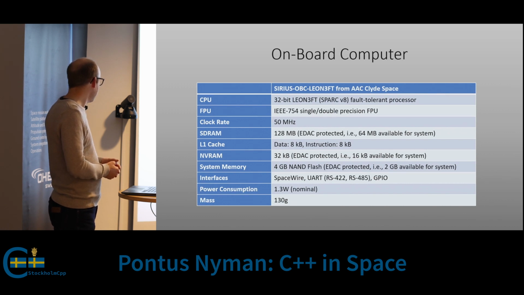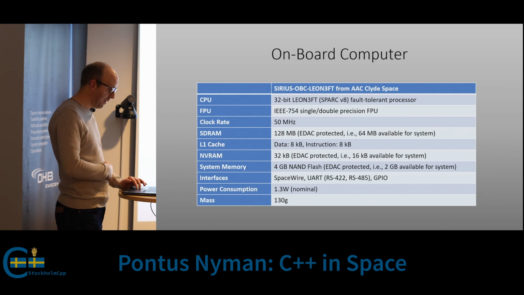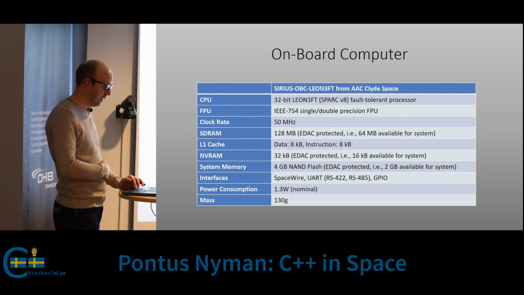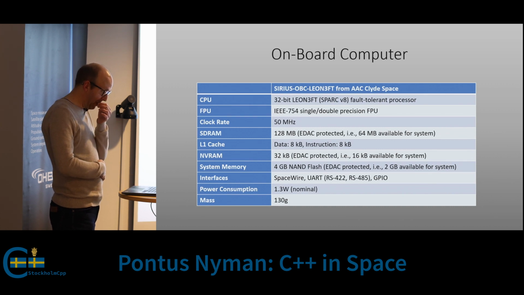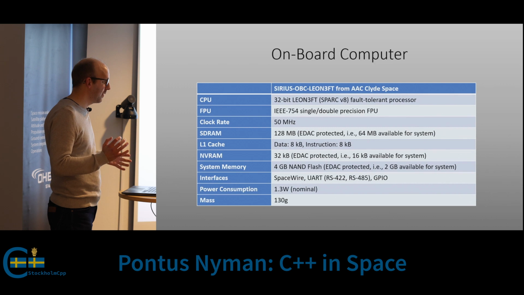We have some interfaces for the communication between the different computer systems. We have SpaceWire, which I guess you haven't heard about if you haven't worked in the space industry. It's a serial communication network or bus that is quite simple.